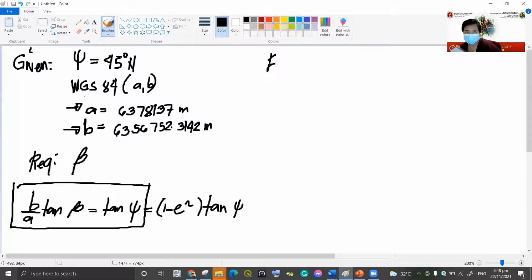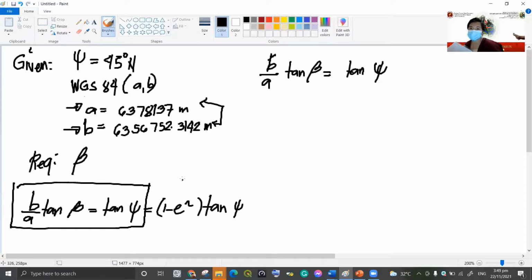So B over A tangent of the reduced is equal to tangent of the geocentric. Since it is already given, which is 45 degrees, and B over A we already know, which is 6378137 and 6356752.314. If you are asking where I got this, kindly check the presentation that I gave you last time.